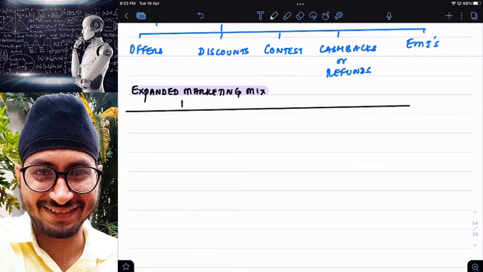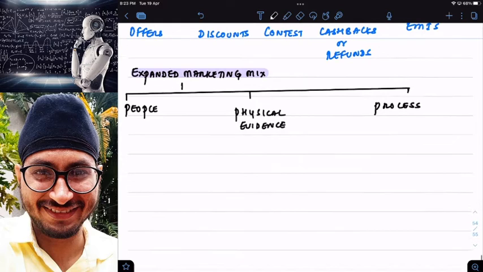That is people, then we have physical evidence and process. Clear? Now, what do we mean by people?